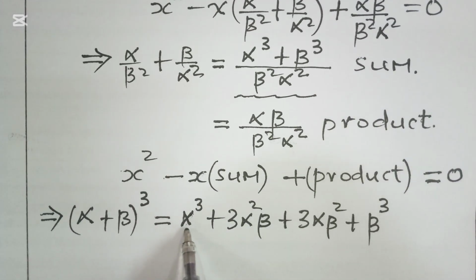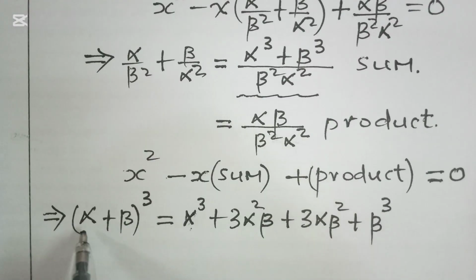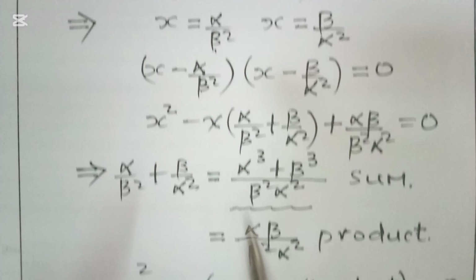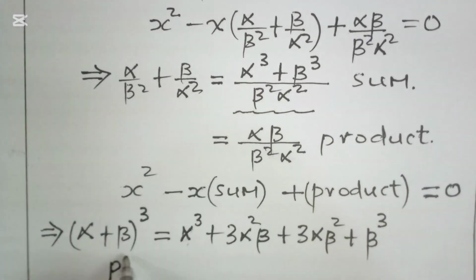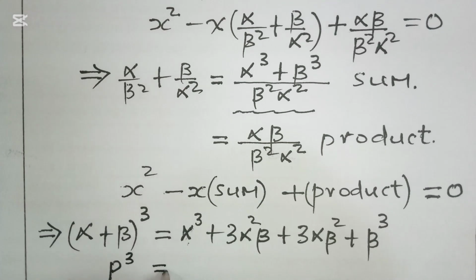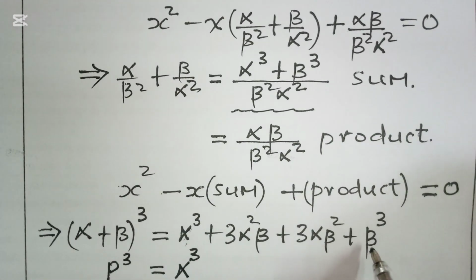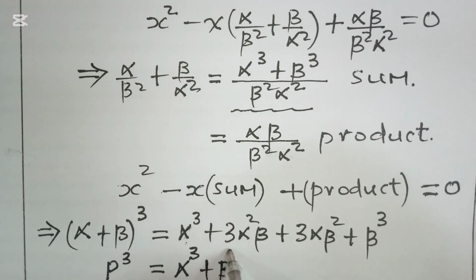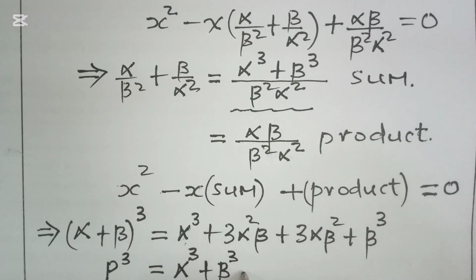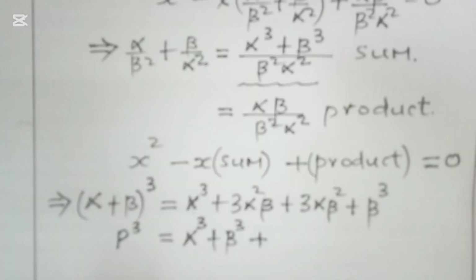We are looking for alpha cubed and beta cubed. Here, guys, we have alpha plus beta cubed is p cubed according to this. This is now p cubed equals alpha cubed plus beta cubed, that's what we are looking for, plus, guys, we can factor out 3 from here.